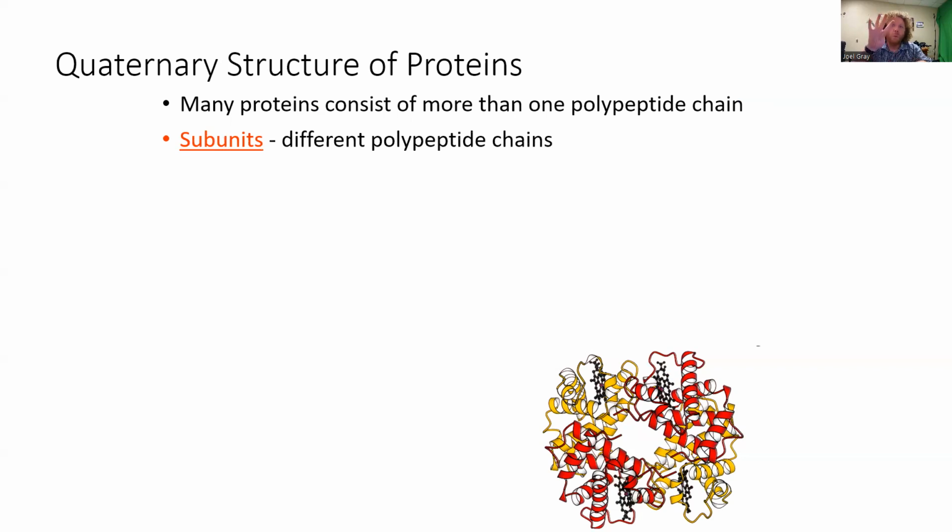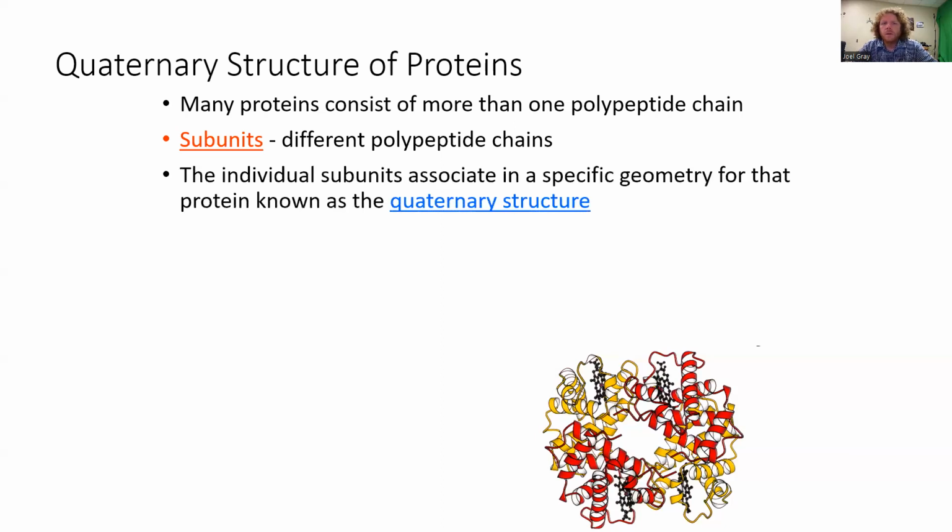Hemoglobin is made up of 4 distinct polypeptides. Those 4 distinct polypeptides are also known as distinct subunits, or monomeric units. So the individual subunits associate in a specific organization, a specific geometry for that protein, and this is known as the quaternary structure of a protein.